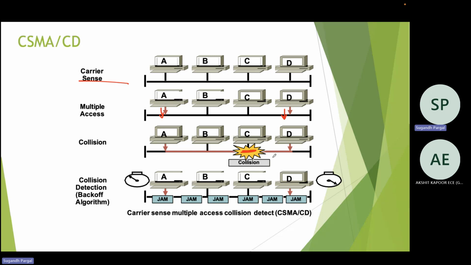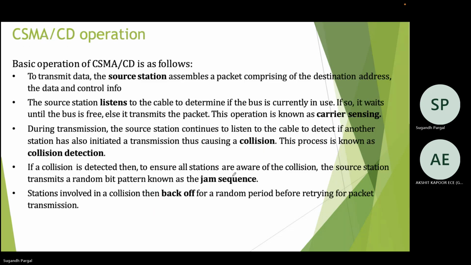Here A and D want to access the channel at the same time. At that point of time, we need to detect the collision, use the back-off algorithm and jam the signal, so that the carrier is jammed and no other system should be able to use it. So this is the basic operation of CSMA-CD.